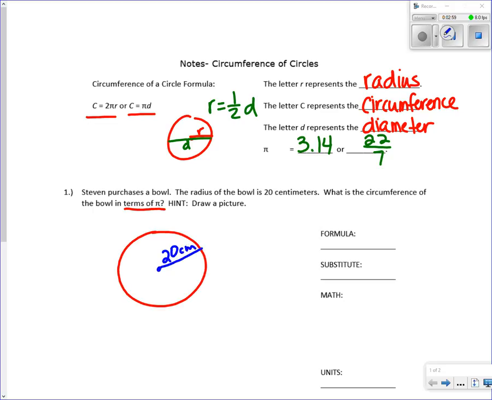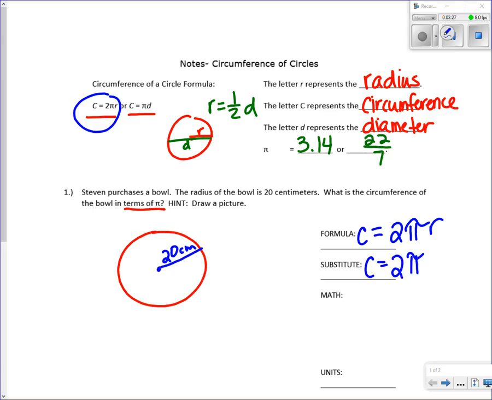So we're going to go back up and look at our equations up here at the top. And since they gave us radius, we're going to use the formula that has R in it, not the formula that has D in it. So circumference equals 2 pi R. Okay, we're going to substitute in what we know. We are looking for circumference. We know the 2.